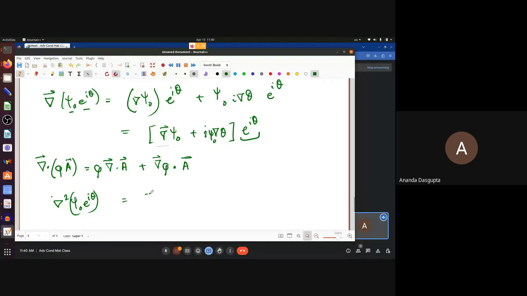Laplacian psi 0, grad psi 0 plus i psi 0 Laplacian theta. But is that all? Theta is the divergence of this.